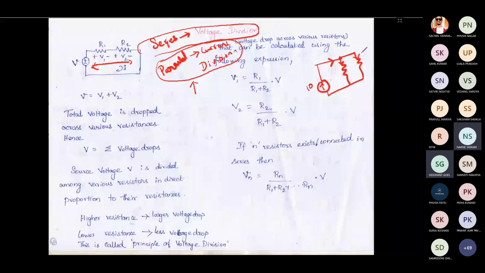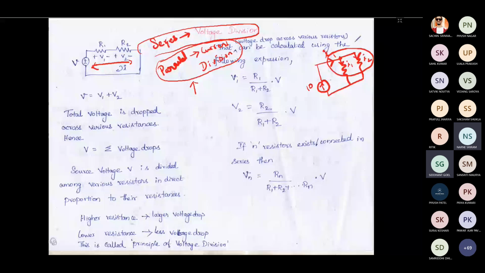So I1 plus I2 will be equal to I, the total current flowing here. When you have parallel resistors, the sum of currents will be equal to the overall or total current. That is called current division; we will see it later on, but here we are going to talk about voltage division.